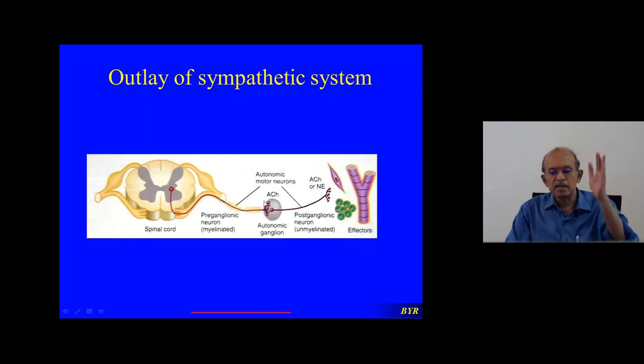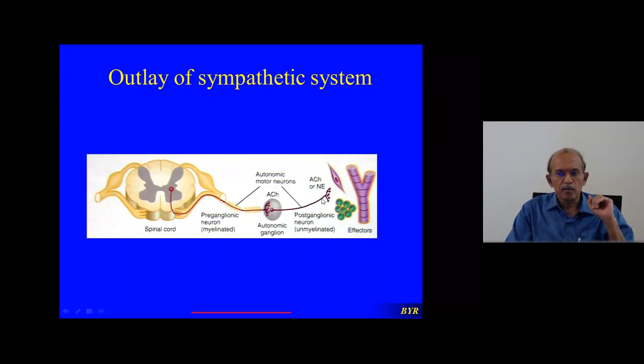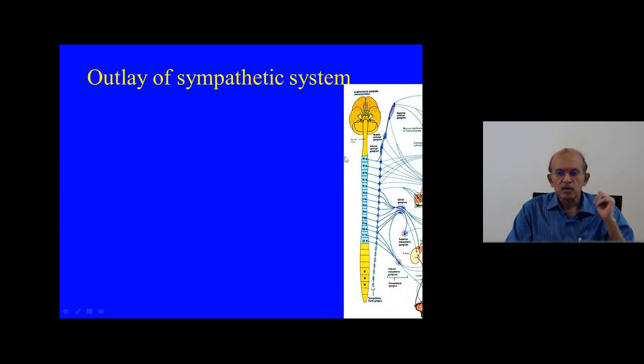The ganglion chain is there, as you have seen in the previous diagram. It comes and ends up here where it synapses. A synapse is there in the ganglion. From the ganglion, the postsynaptic fibers arise. The postsynaptic or postganglionic fibers pass out through the peripheral nerves and terminate in their effector organs or effector cells. So this is the paravertebral ganglionated trunk.